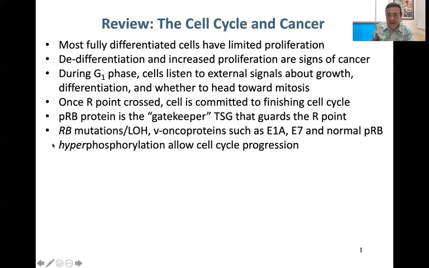We said that RB mutations or loss of heterozygosity or the presence of viral oncoproteins such as E1A, E7, right? Those can interfere with the regulation of RB, and get in the way of RB properly controlling those E2F transcription factors. And if RB is not working, then those transcription factors go to work and the cell cycle keeps going around and around.